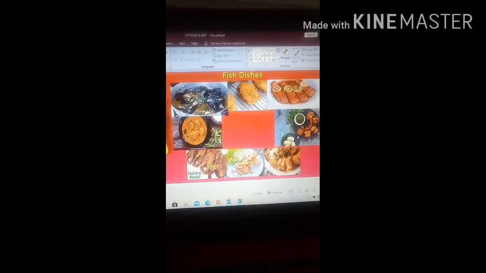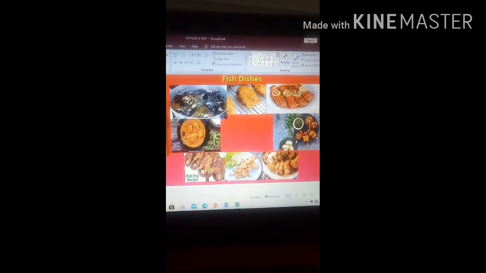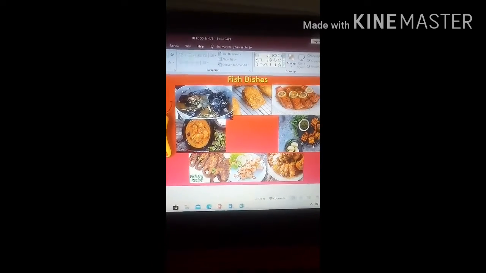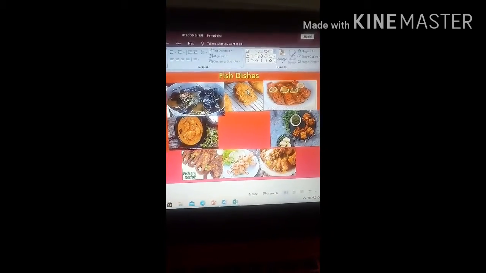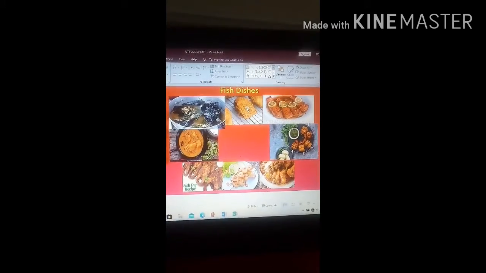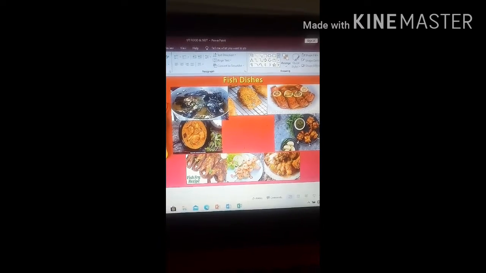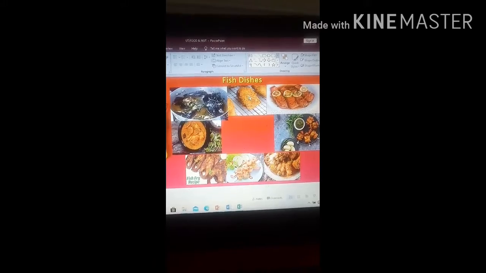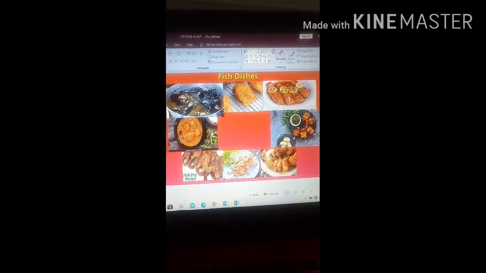So here are images of different fish dishes. This is curry fish dish. This is pepper soup. This one is made with catfish. This is crunchy fish. This is actually coated and fried. So this is fried crunchy fish. Then this is fish dish.